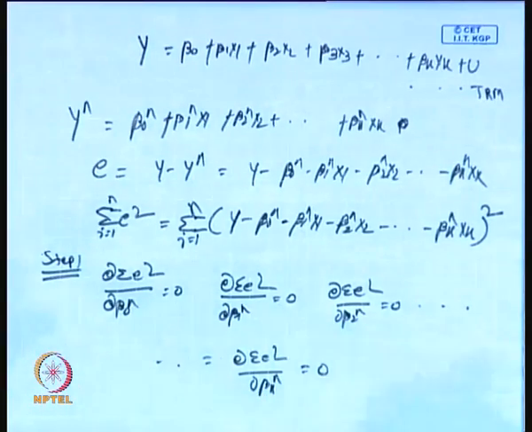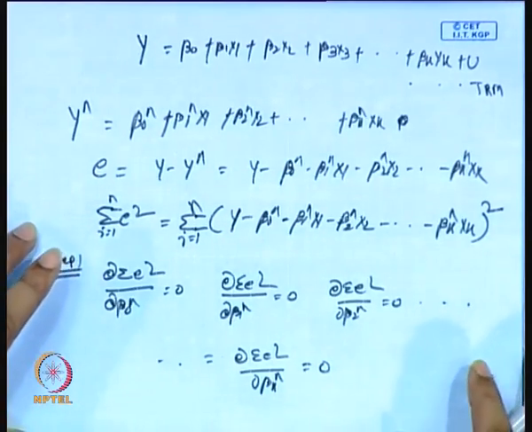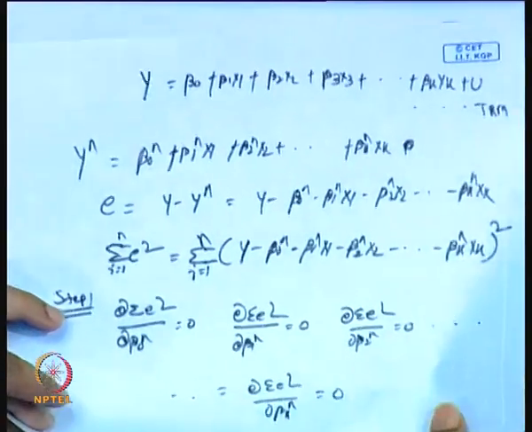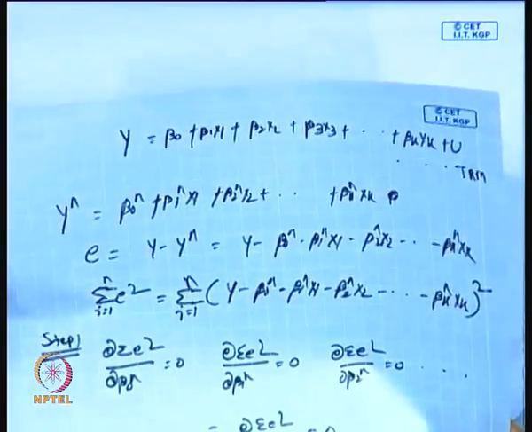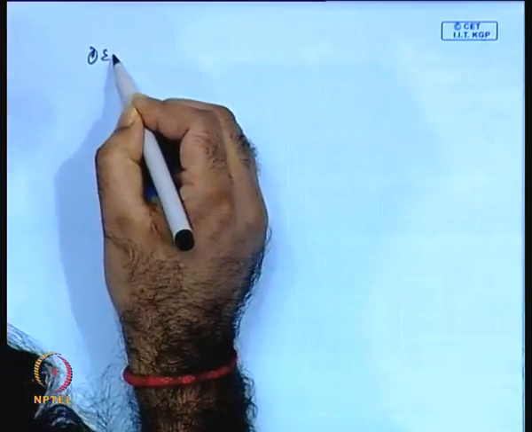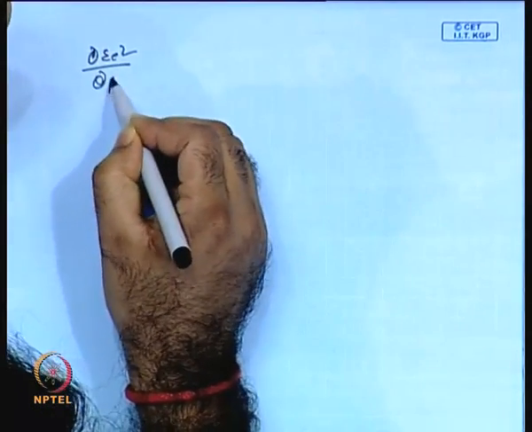Okay, this is how it is all about the process of standardization. So now what you have to do? We have to proceed to the next step. So how will we proceed for this next step? Now, what is d summation e square by d beta 0 head?